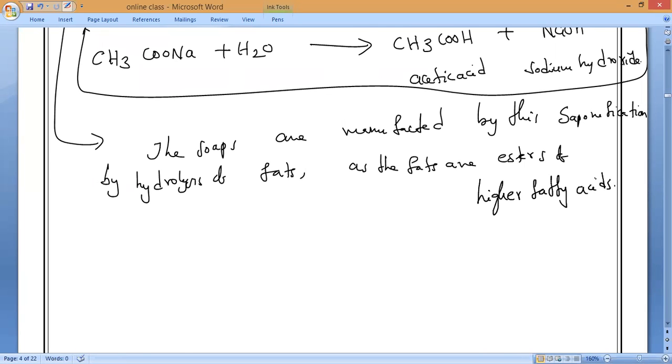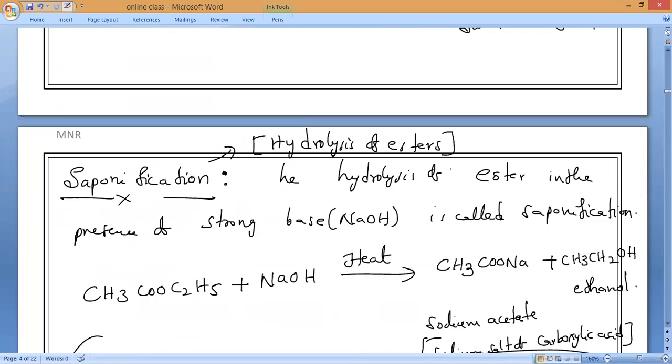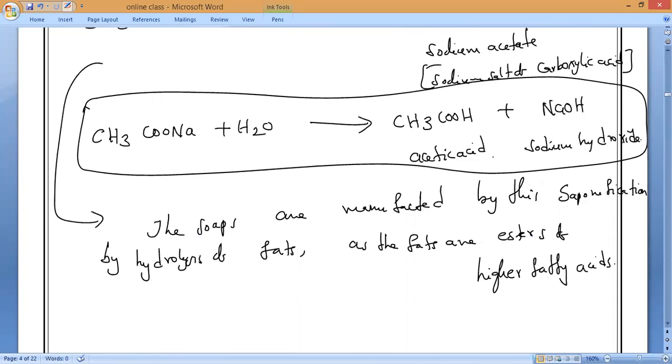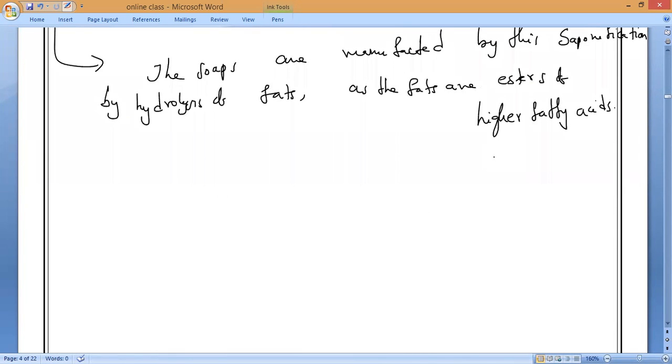What is another name of this equation? Hydrolysis of esters. All of you remember, hydrolysis of esters.